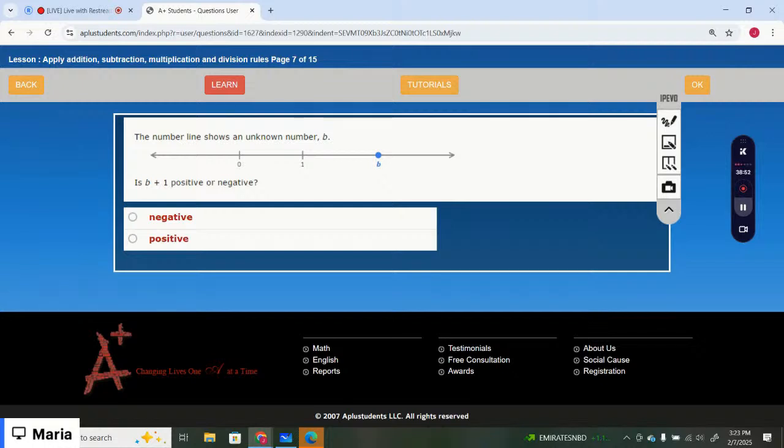B is on the right hand side of 0, so positive it is. B plus 1 is positive.